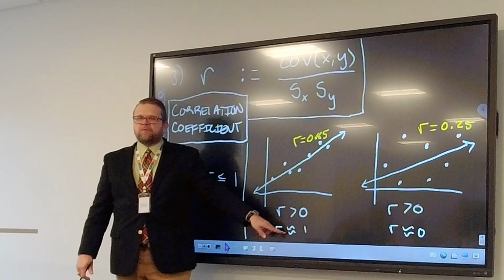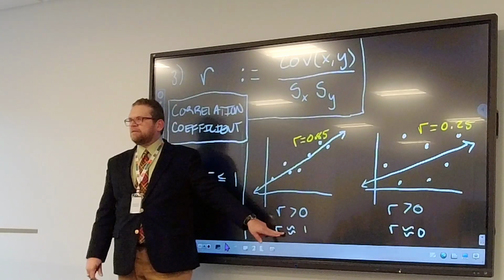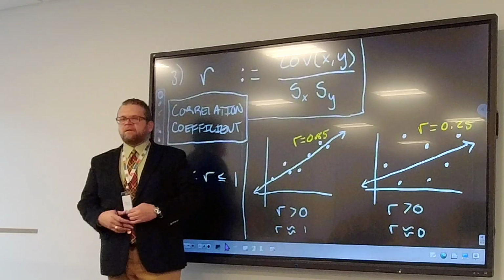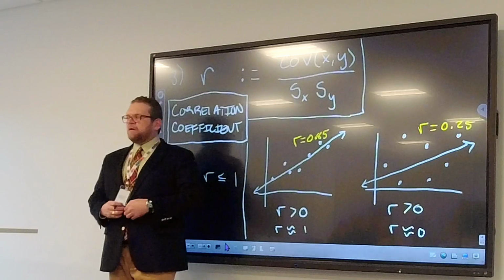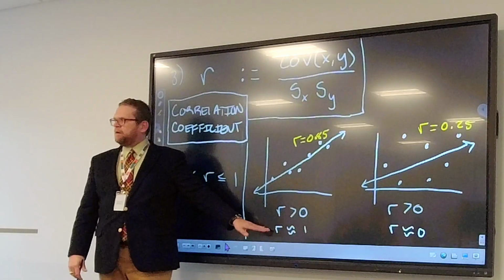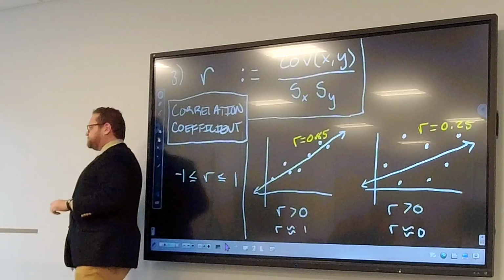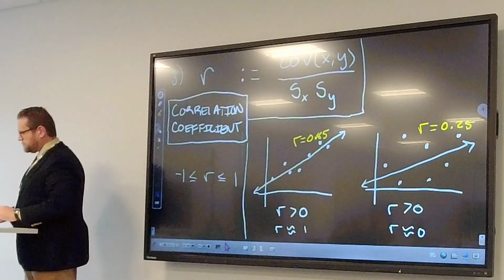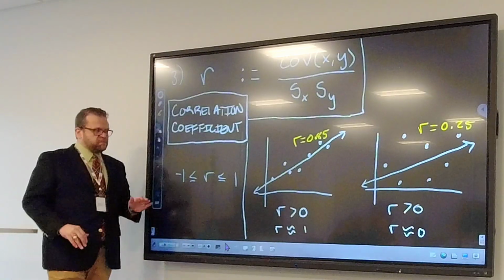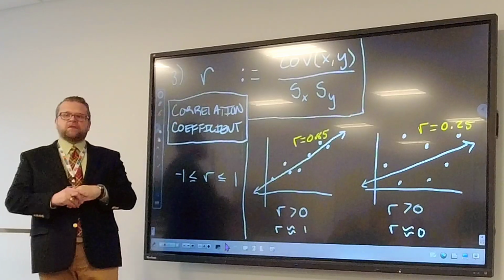And then surmise what would happen if it was exactly 1. Would all the points be exactly 1? Yes. If the R value was exactly 1, all of your data points are exactly on the line. And if R was -1, then it would be sloping down and all the points would be exactly on the line.